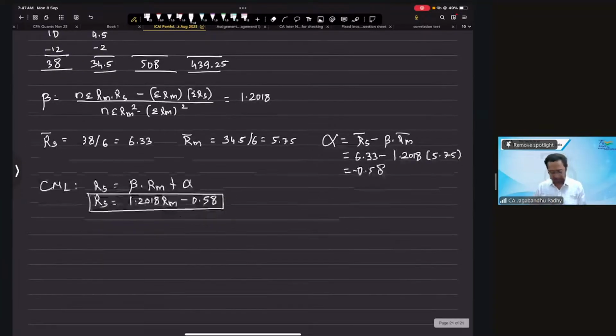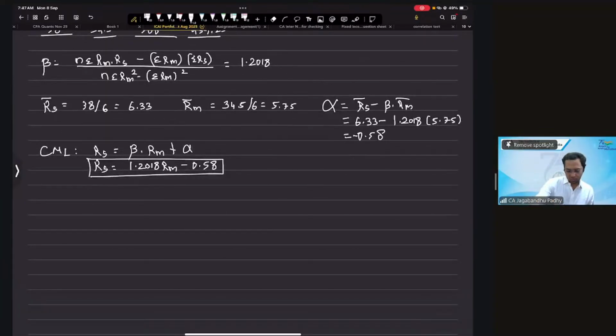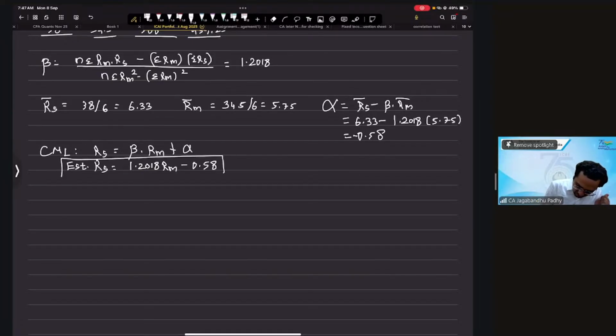That's your characteristic market line. Now let me tell you what is so special about this characteristic market line. By the way, the return of security is not going to be calculated exactly. Rather, the formula we have set here gives the estimated return of security.